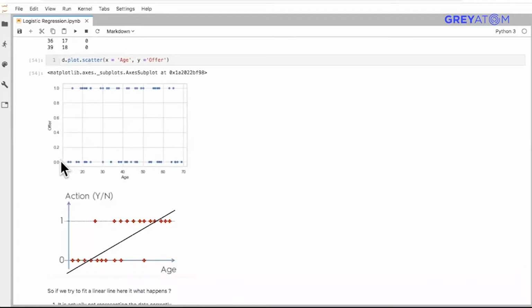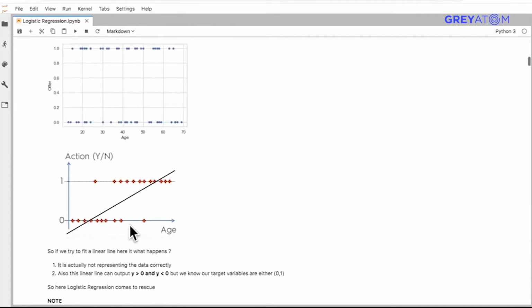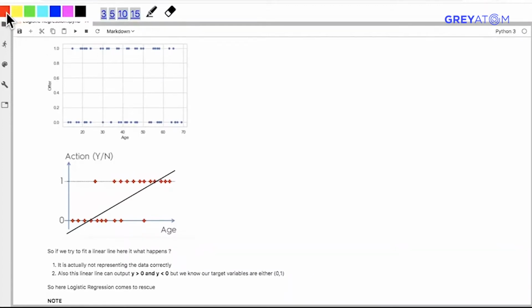So we cannot fit a linear line to it and say that it's a perfect model. Well, we can fit a linear line to it, but there are two very big problems if you fit a linear line to this kind of binary data.